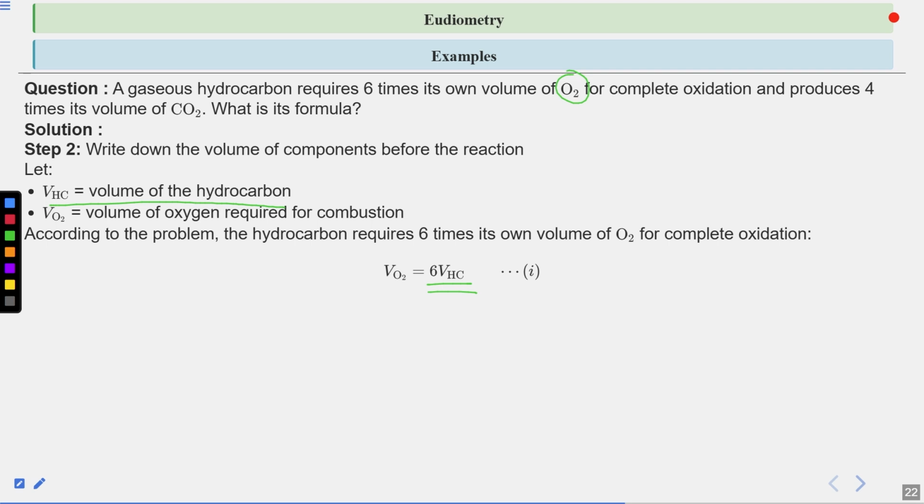The hydrocarbon requires 6 times its own volume of O2 for complete combustion. Now what are we doing? We are taking the exact amount of O2 required for the complete combustion of the hydrocarbon. So can we say that the volume of O2 will be 6 times the volume of the hydrocarbon if we are taking the exact amount?